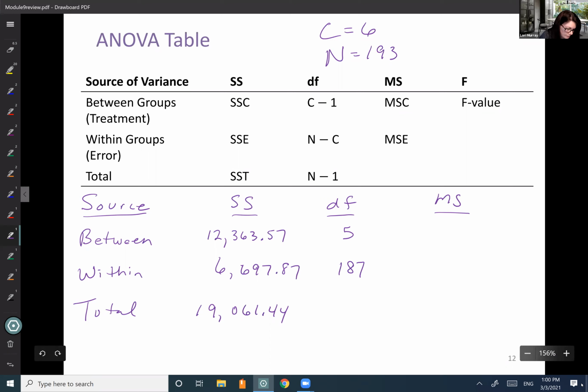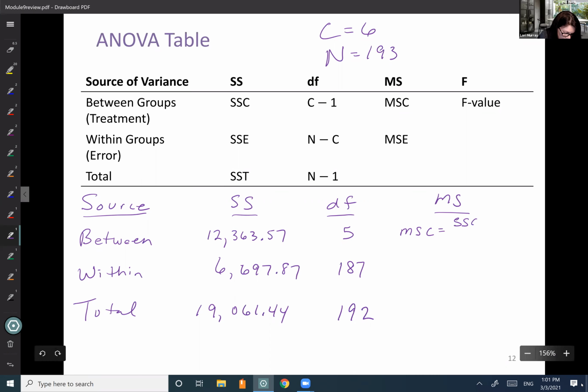And then N subtract 1, we have 193 countries, subtract 1, that'll be 192. Again, the degrees of freedom for the between plus the within, so 5 plus 187 equals 192. And then it's correct.